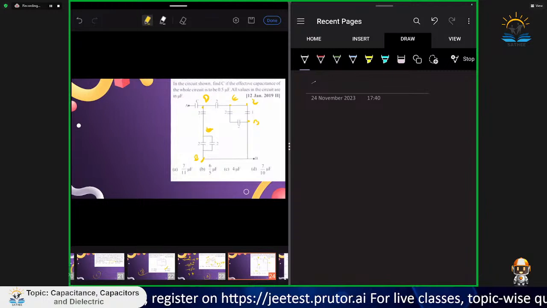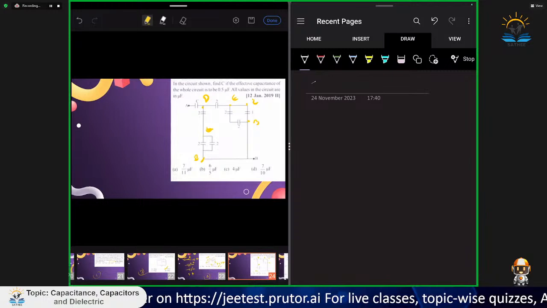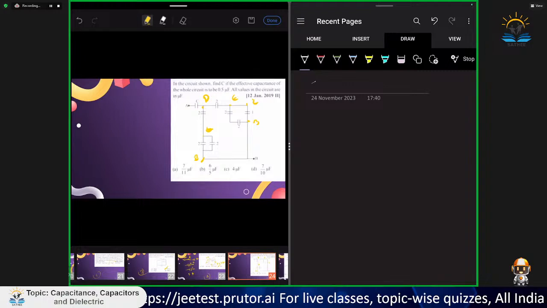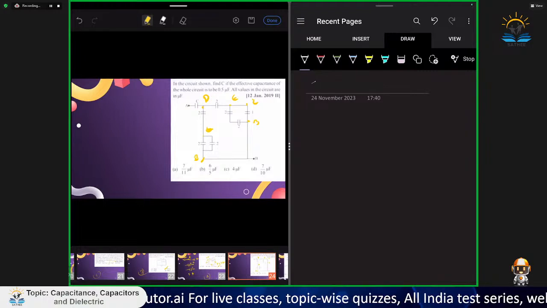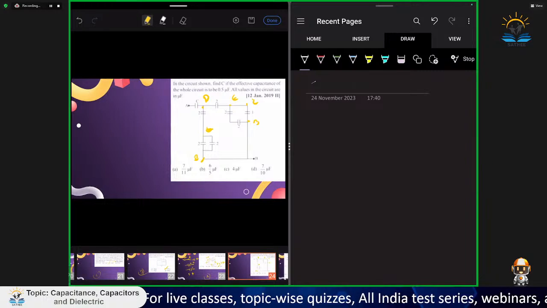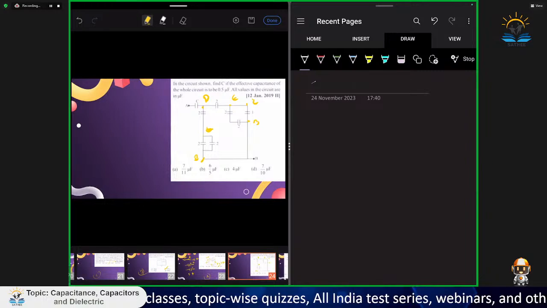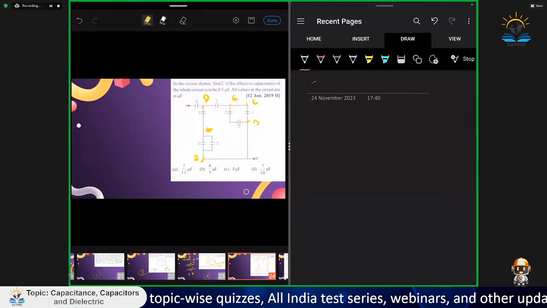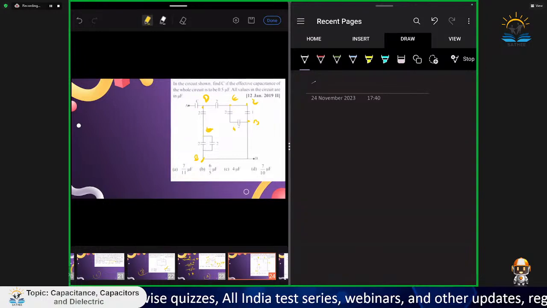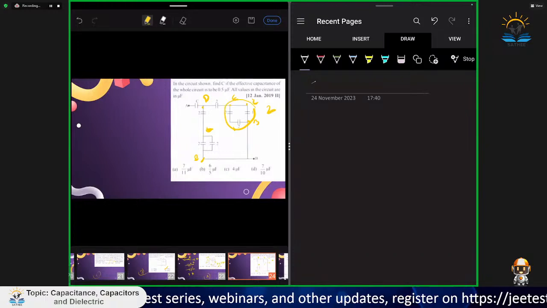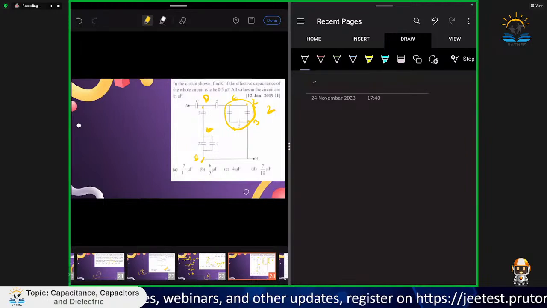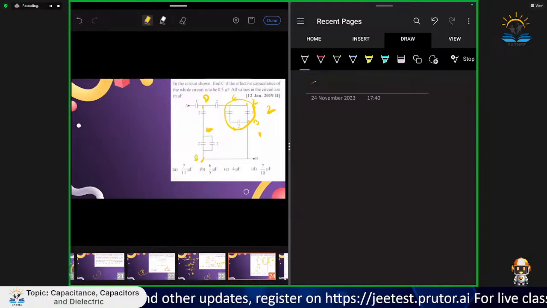Find C if the effective capacitance of the whole circuit is to be 0.5 microfarad. Simple. Okay, C. These three, 1, C, 2 are in series, right? So this will turn out as 2 into 2 upon 2 plus 2, that is 1. Okay, 1 and 1 are in parallel, so the total becomes 2. And 2 and 2 are in series, again the total becomes 1.